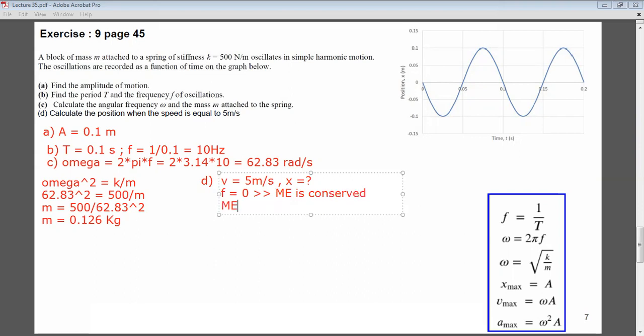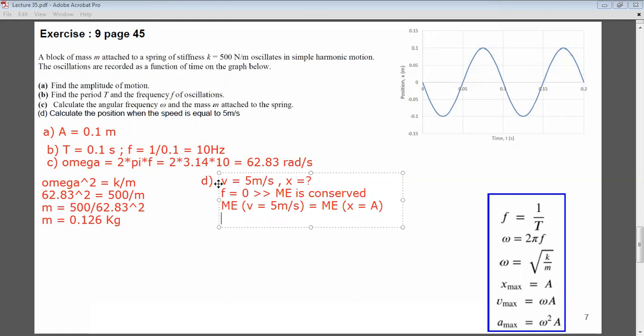So mechanical energy at v equal 5 meters per second is equal to mechanical energy at x equal A. I always take the other side to be at x equal A, because I know the mechanical energy there is half k A squared, and I know the amplitude.